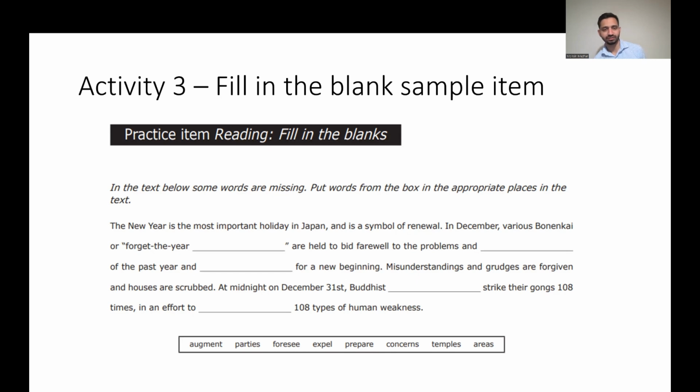This is a cultural article, isn't it? It's talking about Japanese culture. So reading cultural articles, arts articles, and science articles is definitely going to help you in your academic test, right? Because that's where they get these words. So let's look at the answers now.